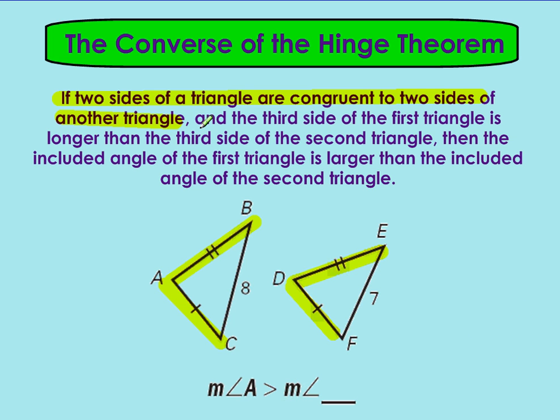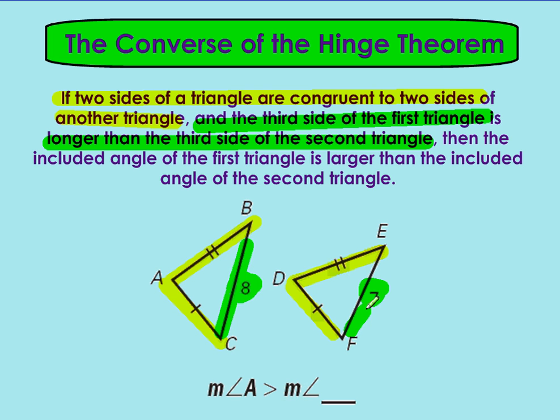Here they're saying that the third side of the first triangle is longer than the third side of the second triangle. So we're noticing that 8 is longer than 7, and we're taking a look at the third side. Once we have that information, we can conclude information regarding the angles that are included between the first set of congruent sides.